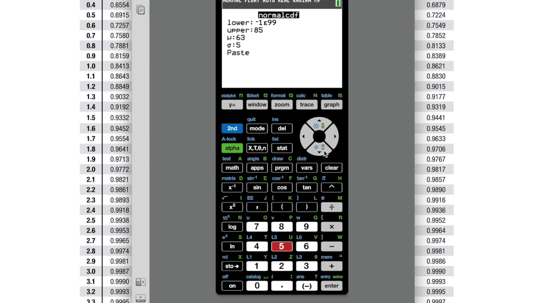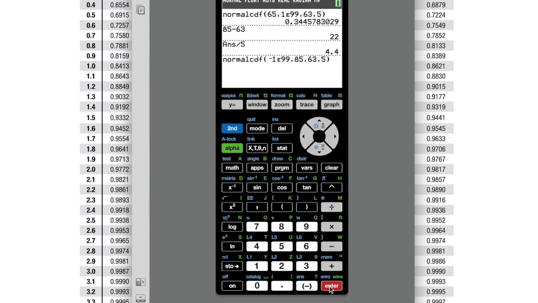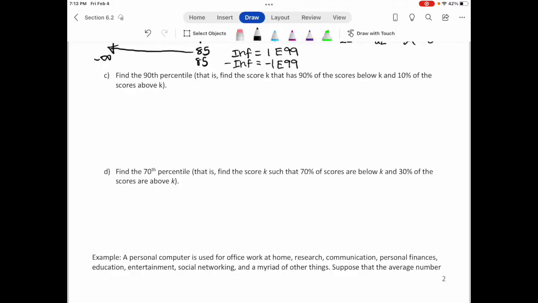That's our probability we're looking for. And then our mean is 63 and our standard deviation is 5. I'm going to hit enter. And it gives us a number that is so close that when we round it to 4 places, we get 1.